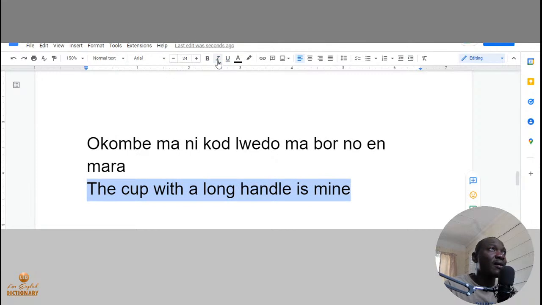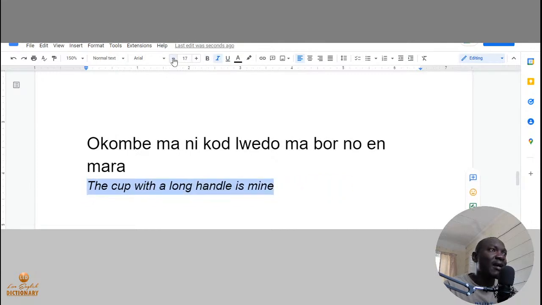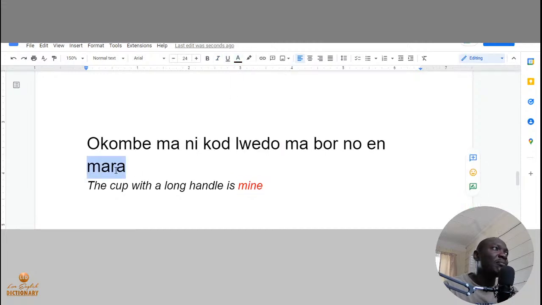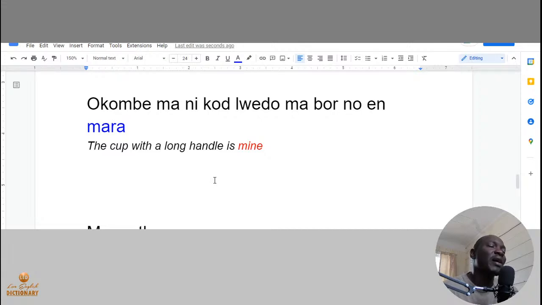So mine means mara. Okay? Mine translates to mara. And if you say mara, you're saying a different thing. You're saying my mother-in-law. So you have to be careful with the pronunciation. Even if you said Mara in such a sentence, there's no way you can talk about mother-in-law in this sentence, so someone will understand that you meant that it is yours, not your mother-in-law's, okay?